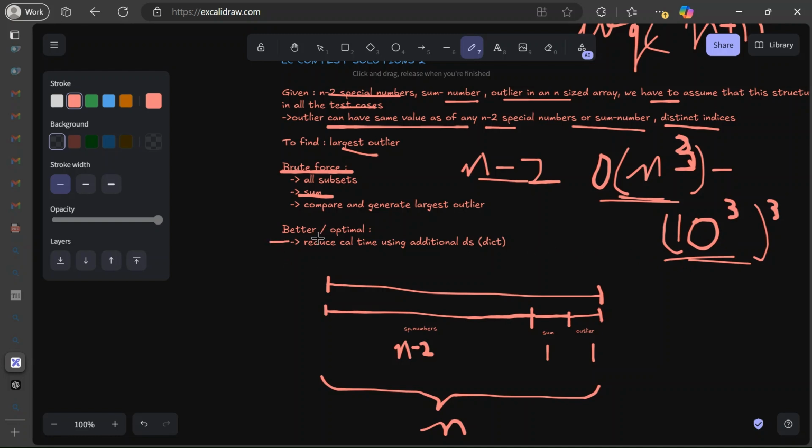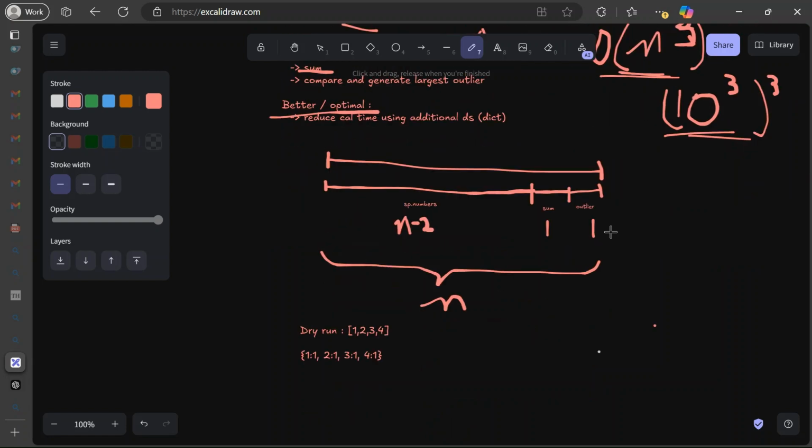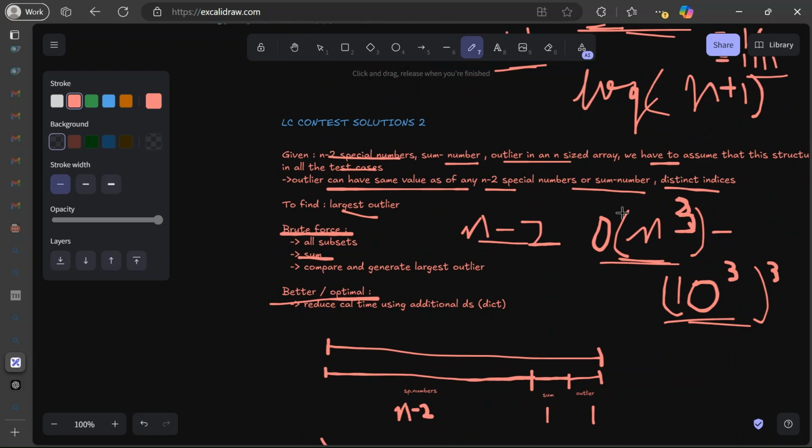So we would think of a better approach than just the plain brute-force approach. We could use the prefix sum method to reduce this n cube to n square, but still comparing and generating would require us to iterate once more.